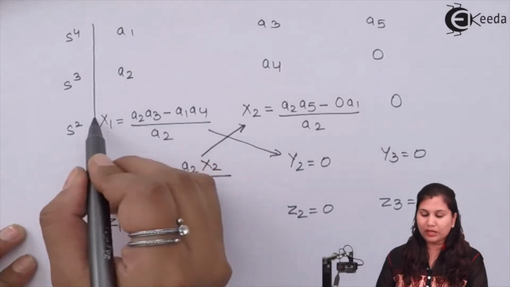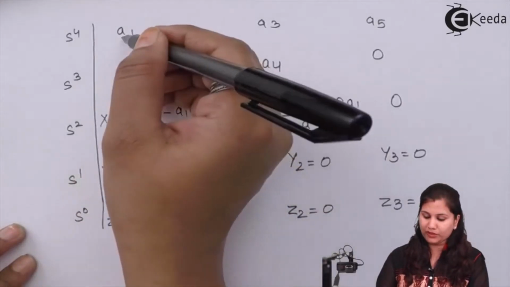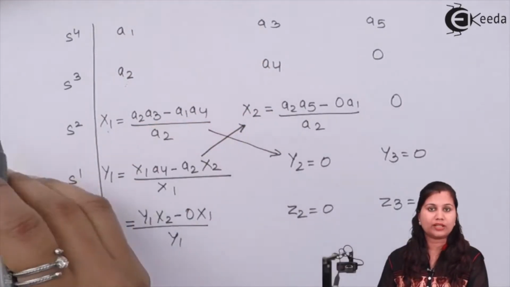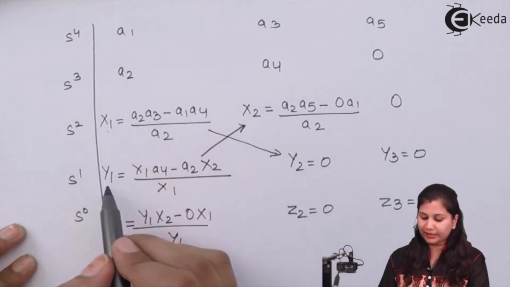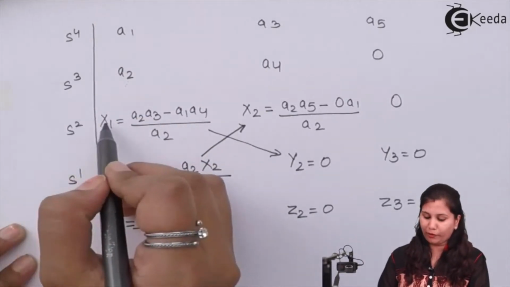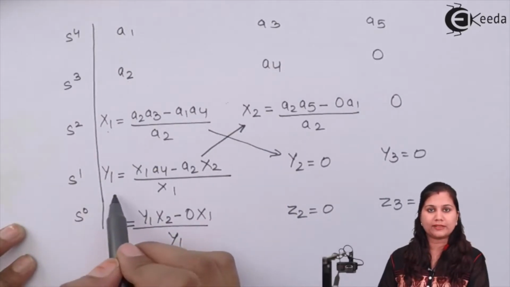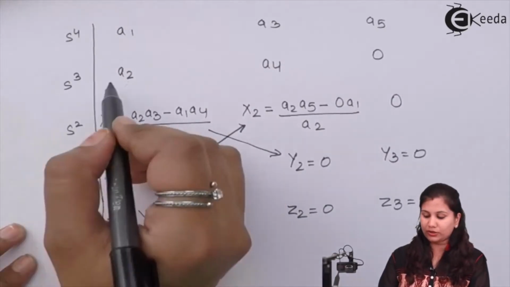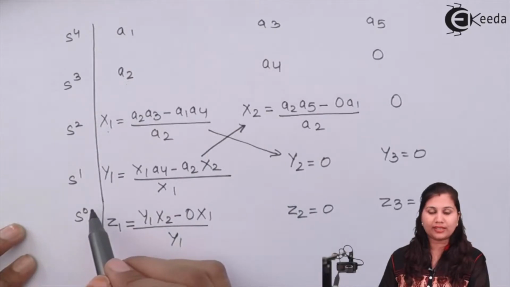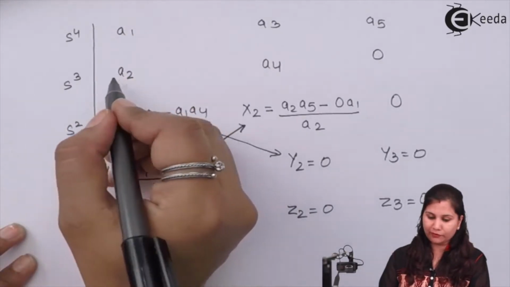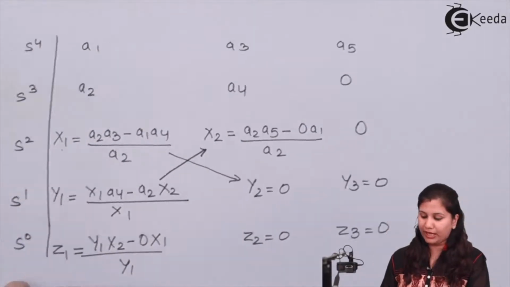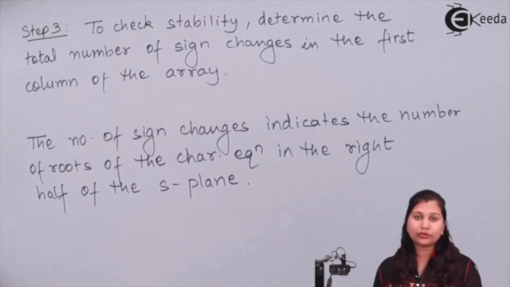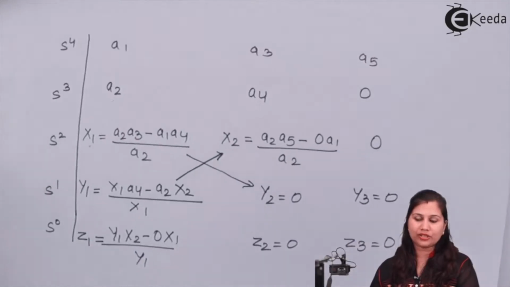So positive, positive, negative: there will be one sign change from positive to negative. Then again it is positive, so from minus to positive, again a sign change. So there are a total of two sign changes.